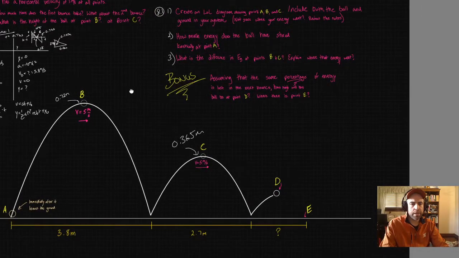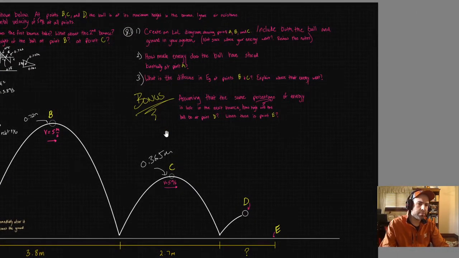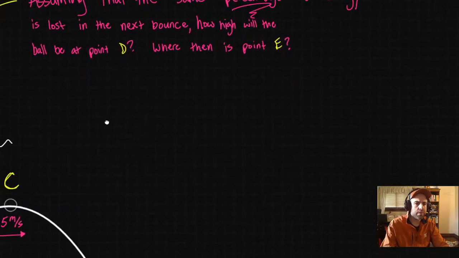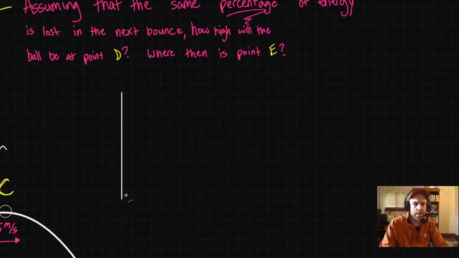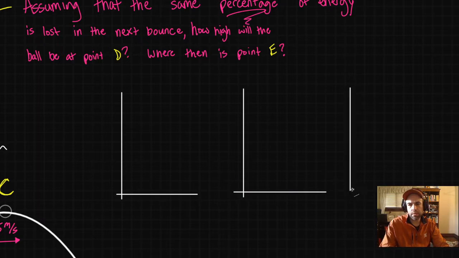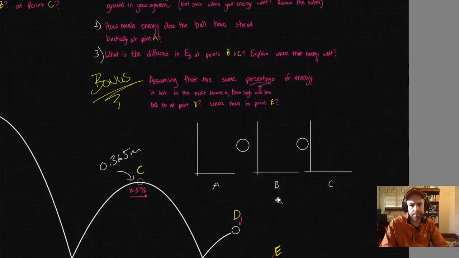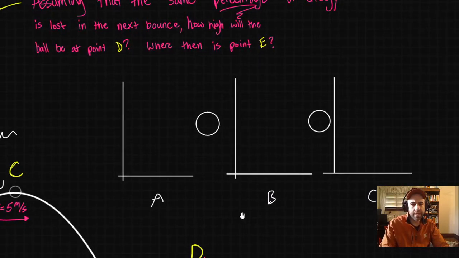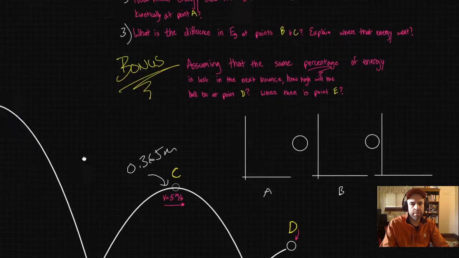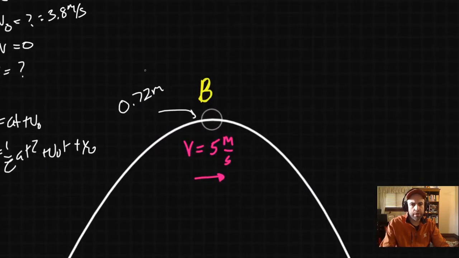Now onto the energy. Now here's where we're running into some issues. So the first thing I'm going to do is set up my LOL diagram. L, L, L. I'll put a circle in here. And this will be for point A, this will be for point B, and this will be for point C. So let's first start by thinking about point B. I know it's some distance above the ground, and I know it's moving.